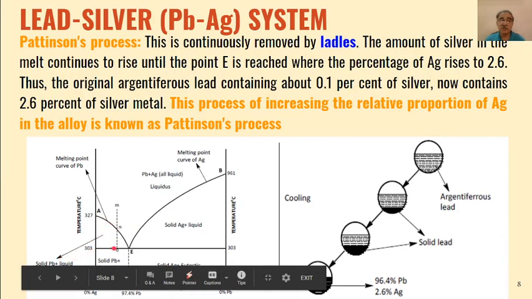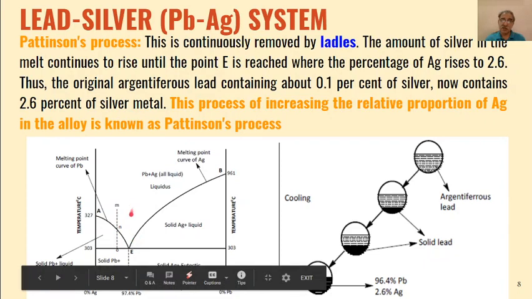In this area, as you know, solid lead plus liquid is present. As we move from N to O, at O, which is the temperature equivalent to E, we will have a more concentrated form of silver. The percentage of silver will increase as we cool at a constant concentration.